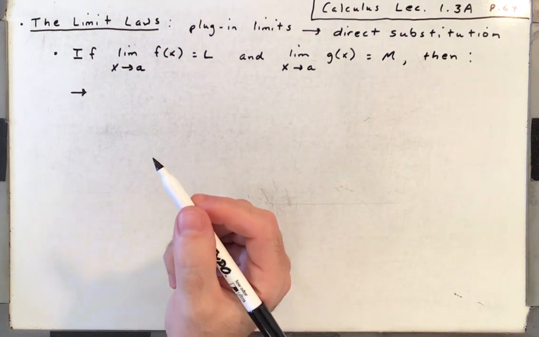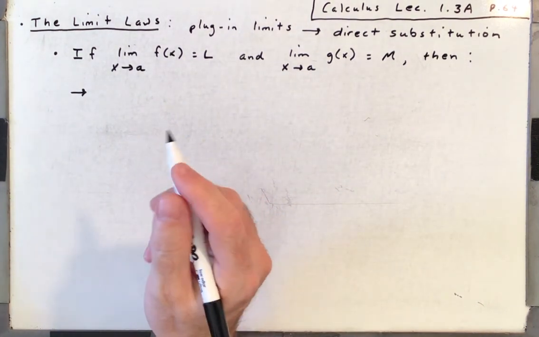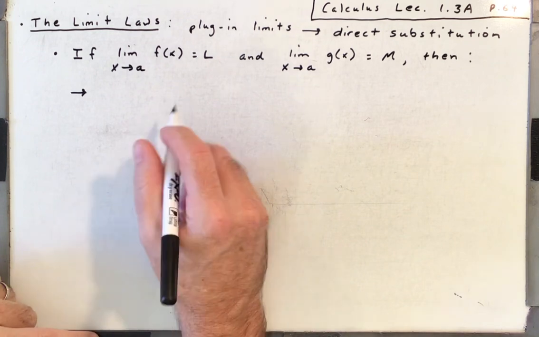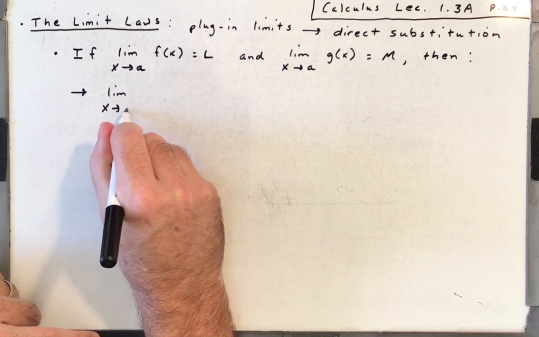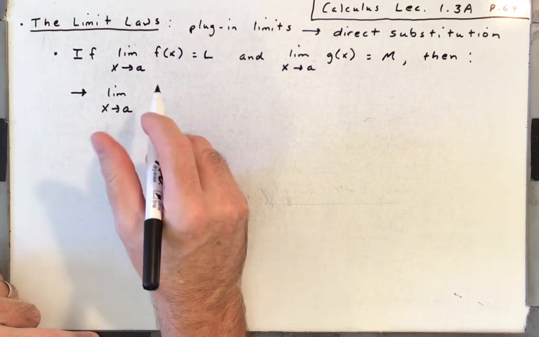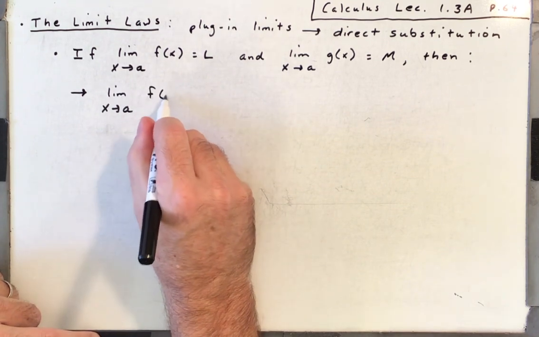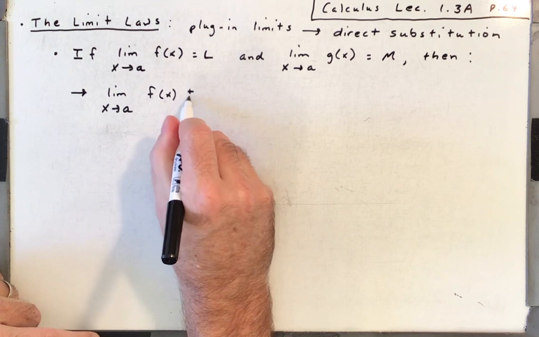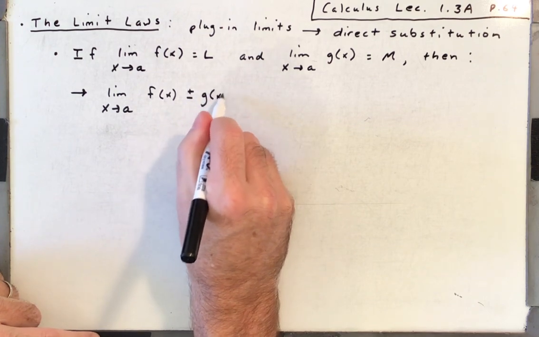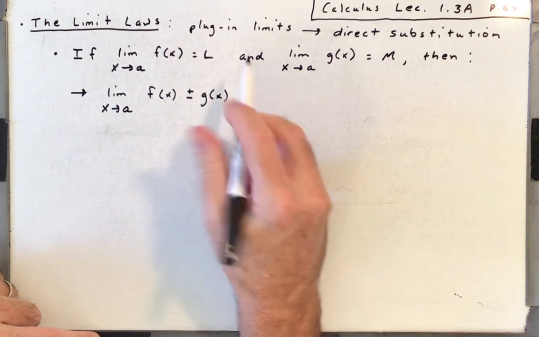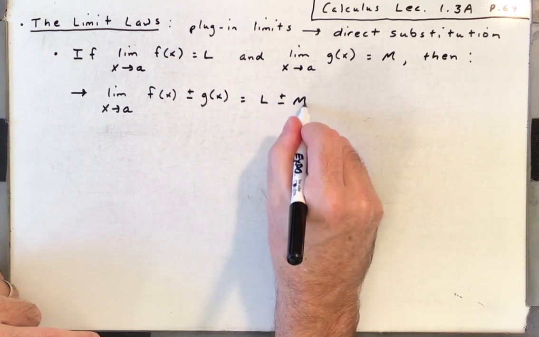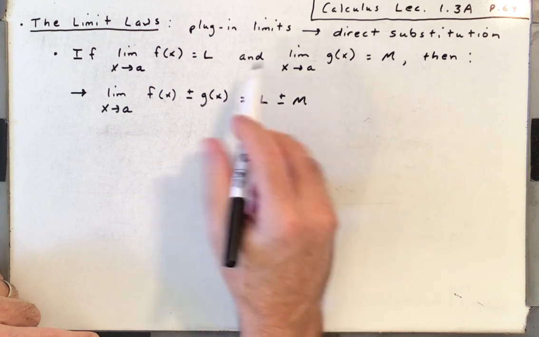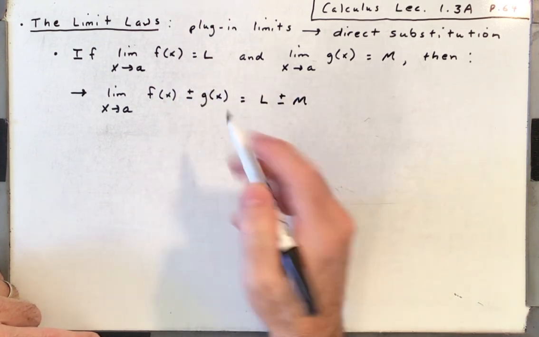these laws are really in a lot of ways just common sense. The limit as x approaches a of f of x plus or minus g of x is just going to equal L plus or minus m. So you can just string those limits together like that.